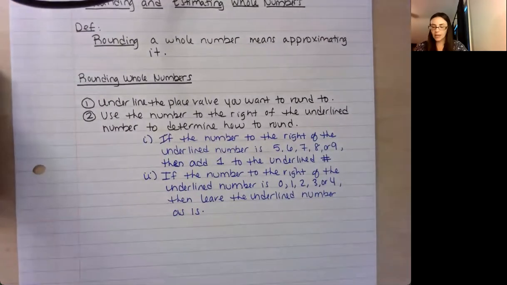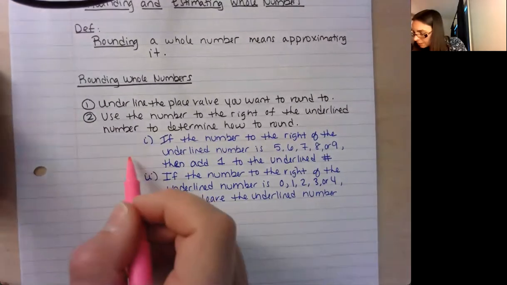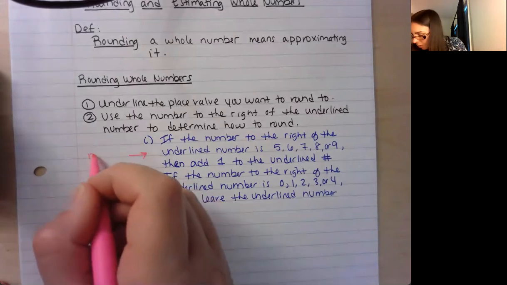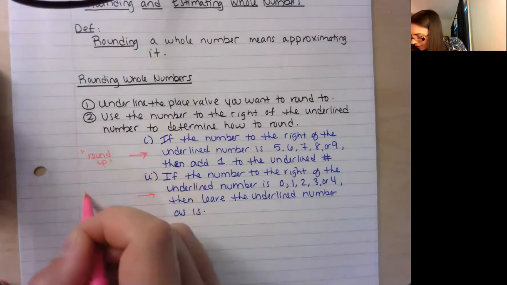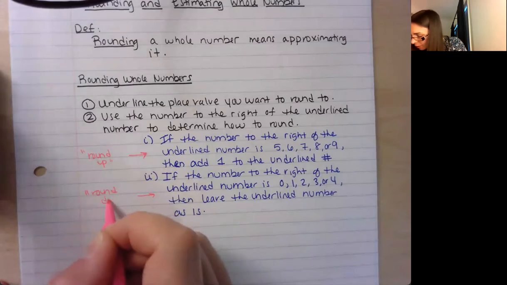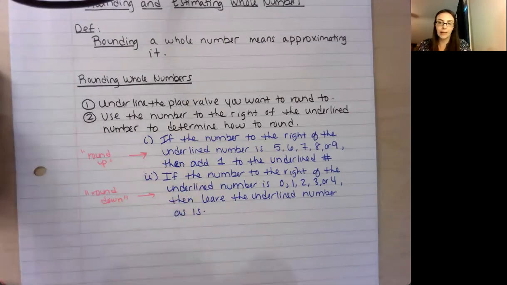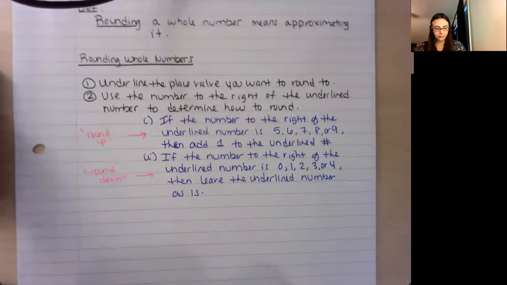Now, this first case here is what most people think of as rounding up. And the second case is what most people think of as rounding down, but when we round down, we actually don't decrease the underlined number. We just leave it alone. So you don't subtract one from it. You're just going to leave it.